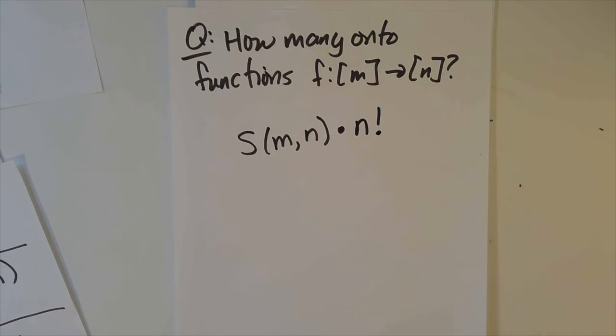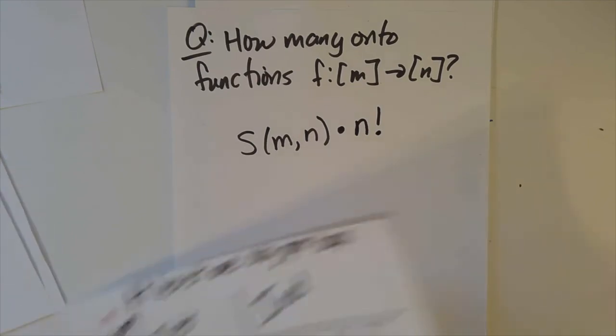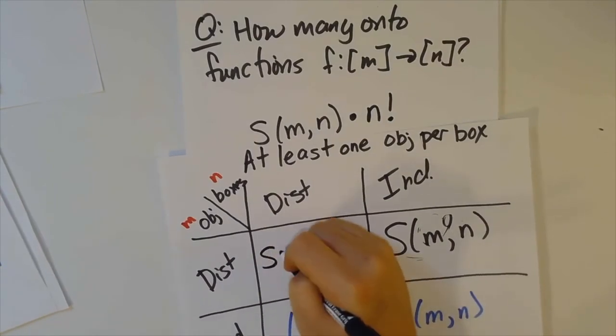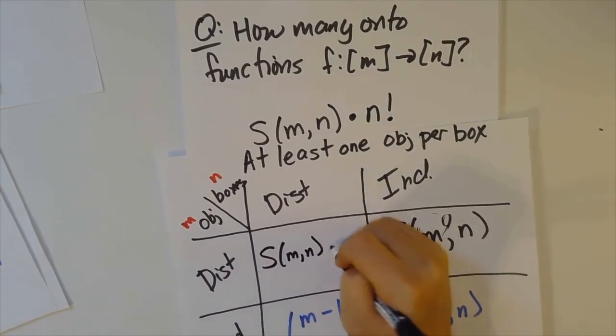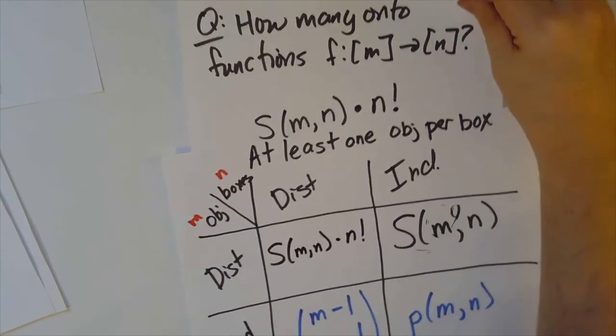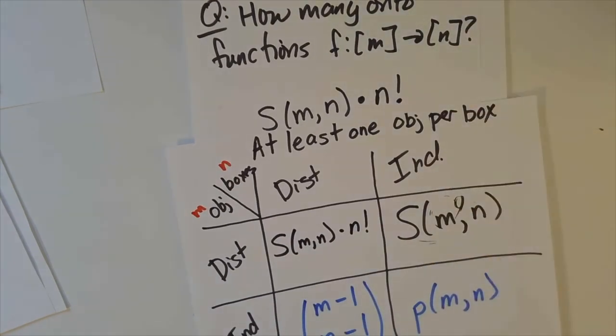Okay. And so the answer for this final bit is actually this big S Stirling number, m n, times n factorial. And that is our last slot here in our table.